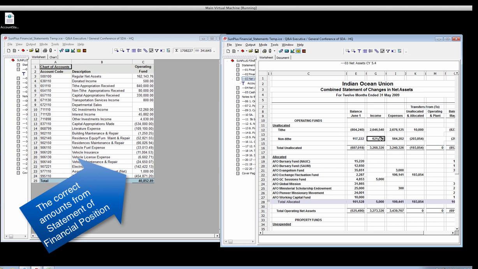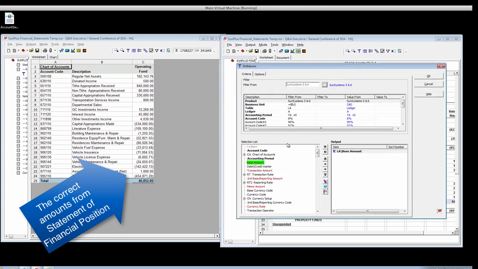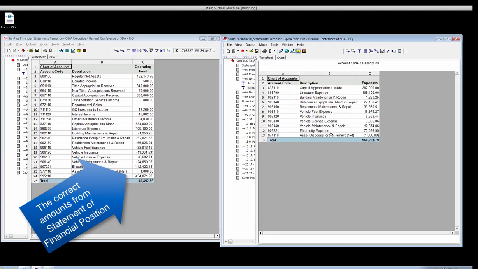When we try to trace income, it didn't work. But just to show you that tracing is possible, it's supposed to be working. We'll do account code and description here. These are the expenses. Capital appropriation made $282. Capital appropriation made $534. Oh brother.